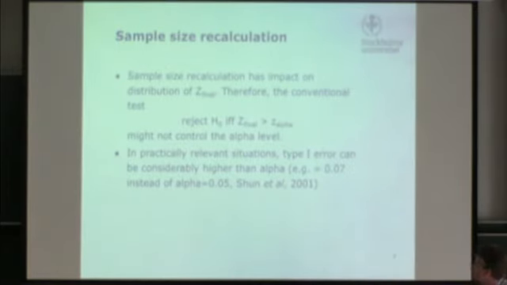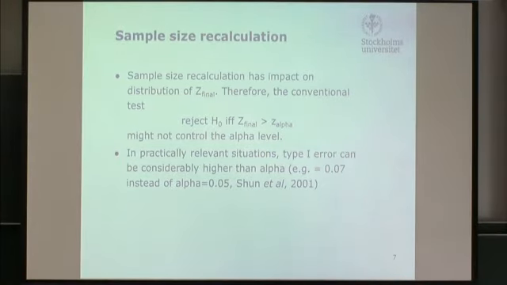But as many of you know, the sample size recalculation has impact then on type 1 error, or if we start before, on the distribution of the final test value.